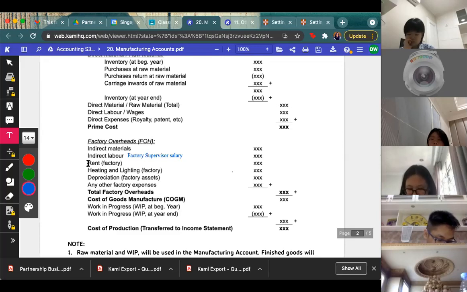You have to separate how much is the factory rent and how much is the office rent, and put the factory rent in the factory overheads. Even though you paid the rent one time for both, you have to divide them. Do you understand what I mean?